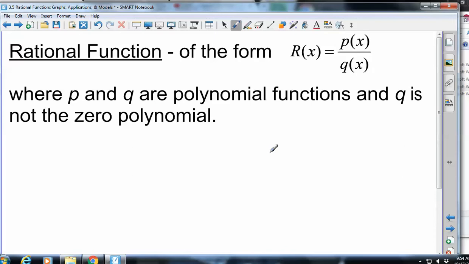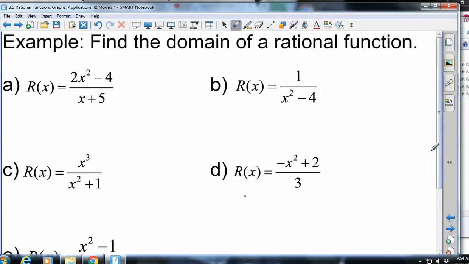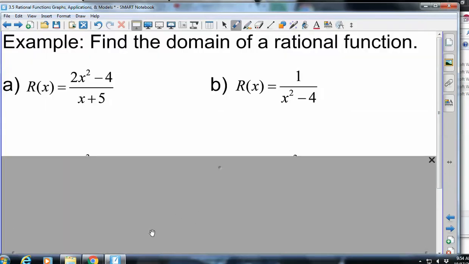I'm just looking at when their denominator is 0. If I ask for domain, you are not paying any attention to the numerator. You are just looking at the denominator.